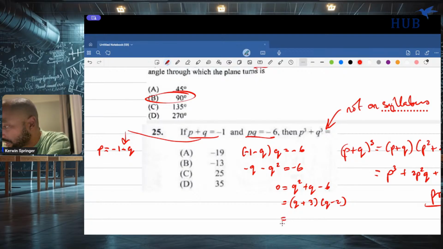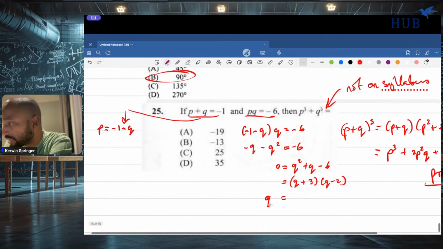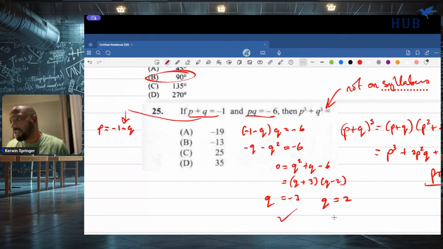So you'll get either Q is -3 or Q is 2, which will be vice versa because this is commutative. So if Q is -3, P is 2, and if Q is 2, P is -3.